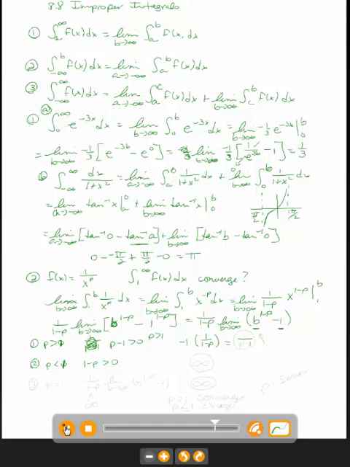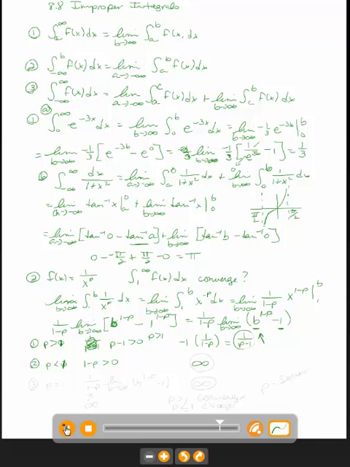And if that's the case, then this little guy at the end here, the b to the 1 minus p, would get extremely large. Arbitrarily large is going to go to infinity, so the answer would be infinity.